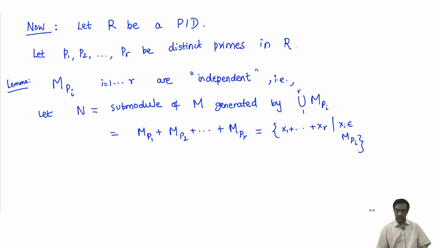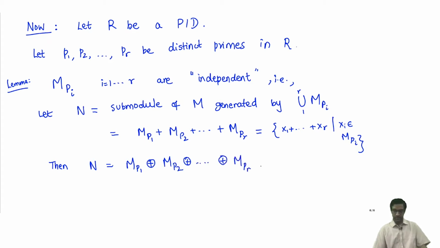Okay, so let N denote the submodule generated by their union. Then N is just the internal direct sum of these. This is what independence means. Independence is saying that the sum of those submodules is actually the direct sum of the submodules.